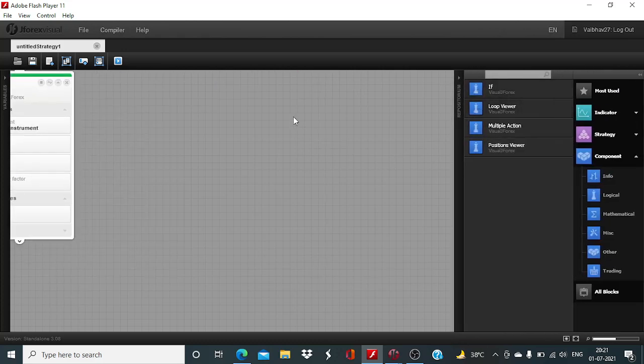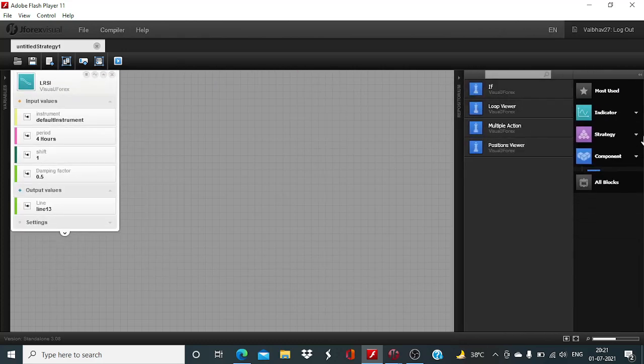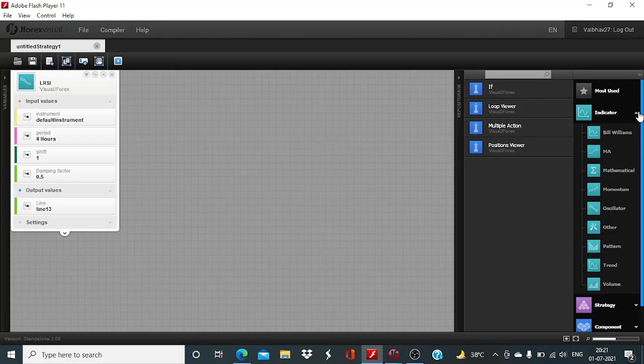Now we will need 4 more of these LRSI blocks.